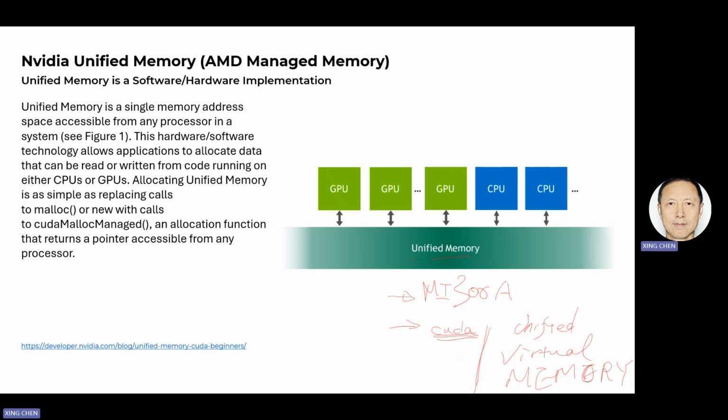In the early stage, when you were still using GPUs connected to the host by the PCIe link, we already had this kind of unified virtual memory based on software, based on the CUDA runtime. At that time, in the Nvidia documents it's called unified memory, and in the AMD documents it's called managed memory. The unified memory is a software solution, with hardware support for sure. Unified memory is a single memory address space accessible from any processor in a system.